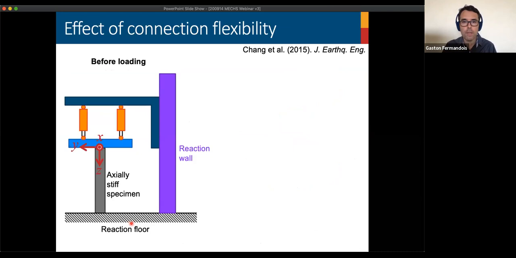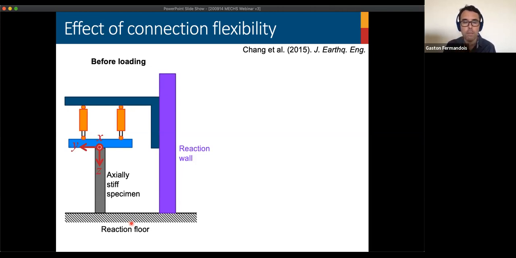Okay, moving on, another problem that we face during this implementation is the effect of connection flexibility. This is quite important in the way that we choose what kind of controller we want to implement for maRTHS. This was first documented by Chang et al. in 2015.